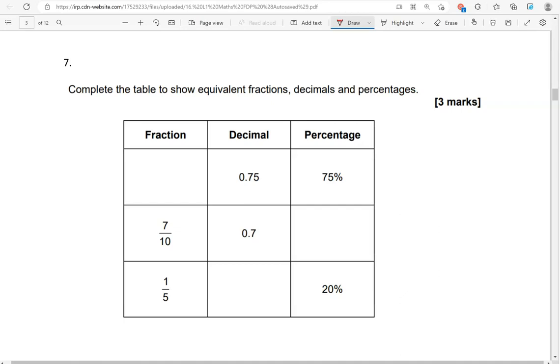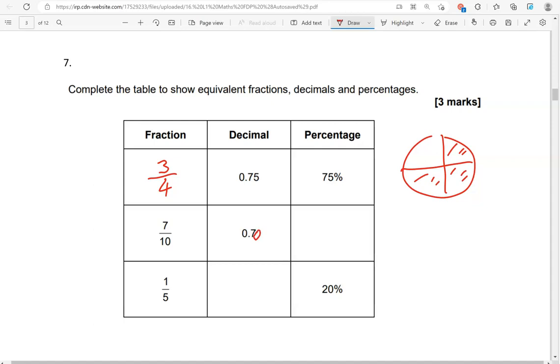Complete the table to show equivalent fractions, decimals, and percentages. So we've got as a decimal 0.75, percentage 75%. That would be 75%, which is 3/4. We've got 7/10, which is 0.7.